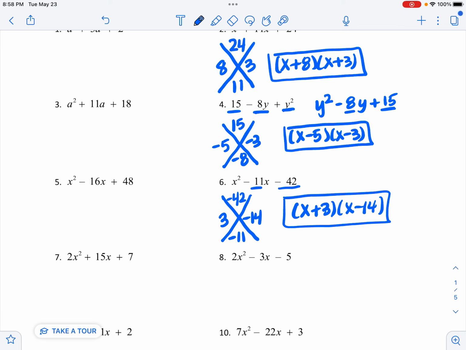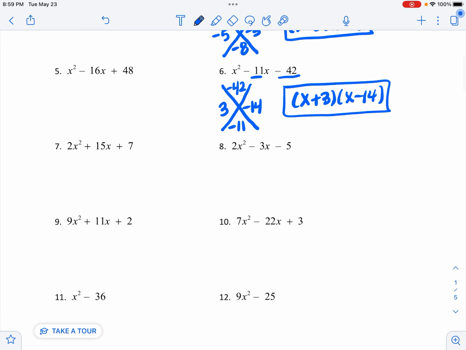Okay, now number 8, I have 3 terms, but this time I have this leading coefficient in front, which means that this is going to be the big star. So I need two numbers that multiply to give me 2 times negative 5, which is negative 10, and add to give me this middle number, negative 3 on the bottom. So that's going to be negative 5 and 2. And then again, what do I divide by?